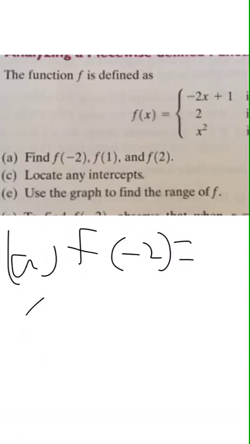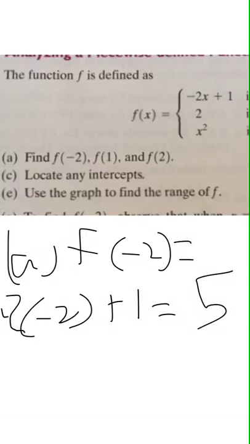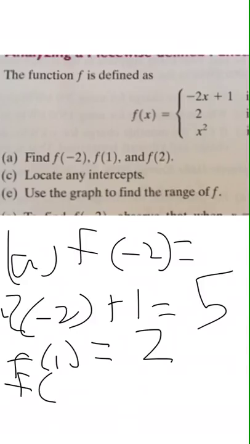So it'd be negative 2 times, instead of times x, times negative 2 again, plus 1. That equals 5. F of 1: now it says when x is equal to 1, the function is equal to 2. And positive 2 is contained in the third interval, the one for x squared. So you plug it into x squared, which means it'd be equal to 4.